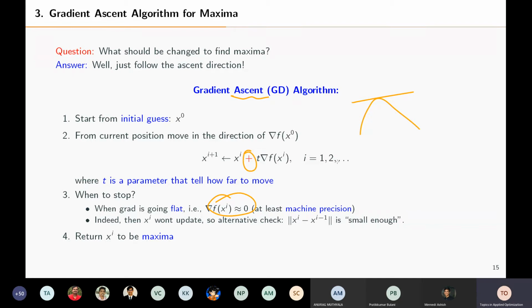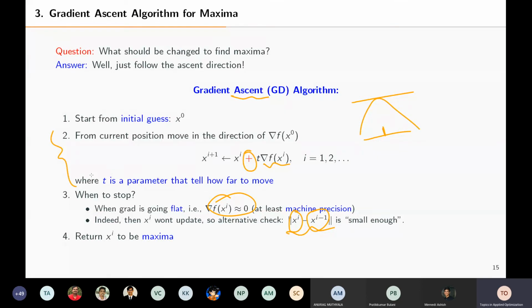If it is becoming 0, then you can say that may be the potential maxima that I have found. Another possibility is to check whether the updates you are getting are small enough, because if the updates are small enough, this also means that the gradient is likely to be very small. That is why the difference between x_i and the previous x_i is not really big. So these two things you may use to make a stopping criterion.